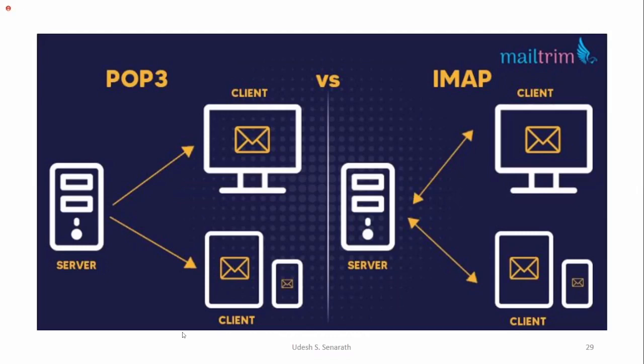If you want to read the newspaper again, you have to go to the reading area and read it. Whenever you go to that reading area, the newspaper is available to you. That is IMAP. Whenever you log into the server, the email is available, so you can go multiple times here and there.